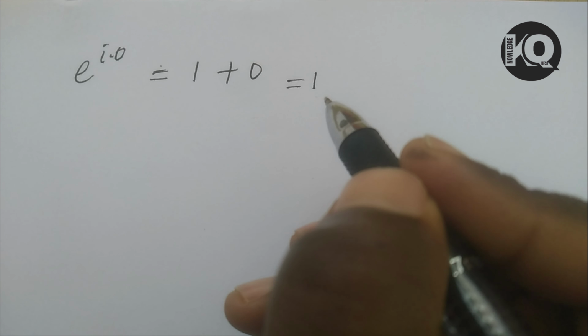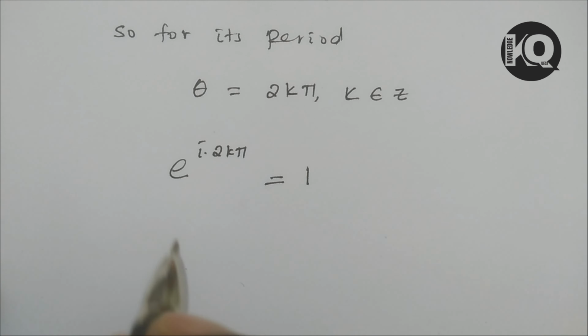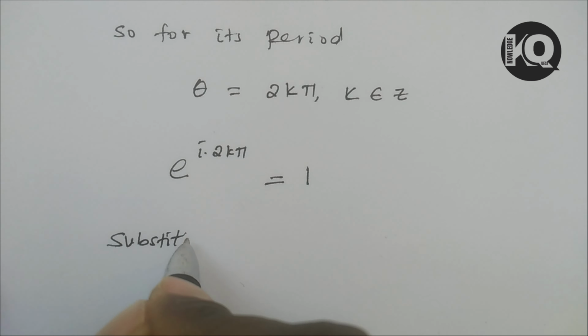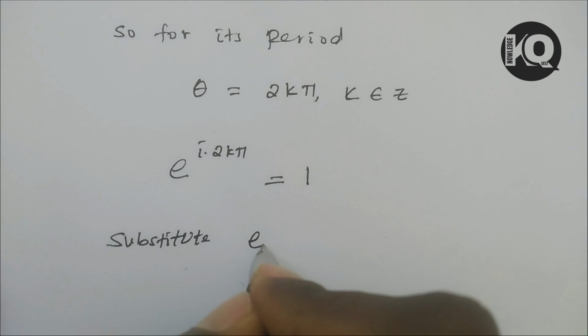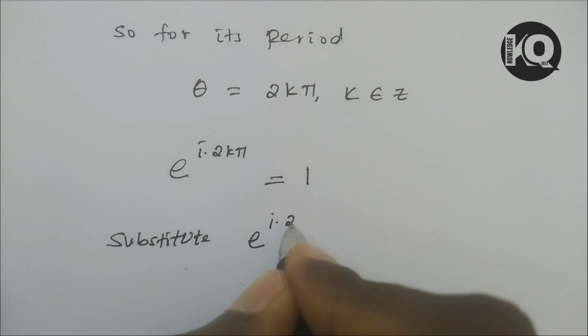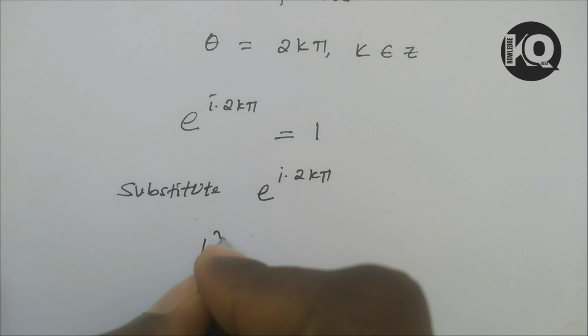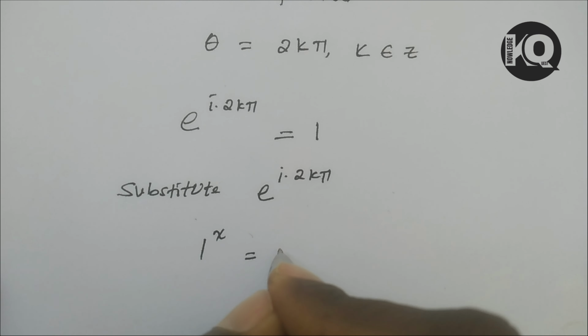So let's substitute this value into the given equation. Substitute e to the power of i times 2k pi into the given equation, which is 1 to the power of x equal to 2.